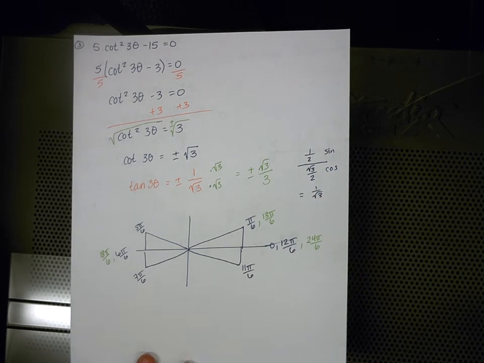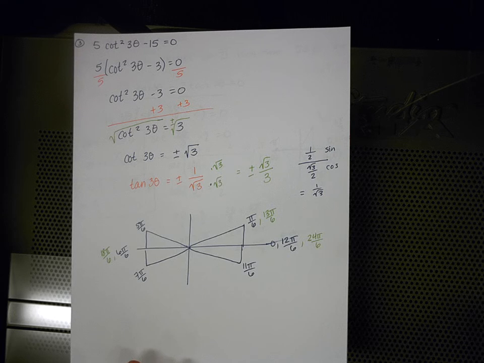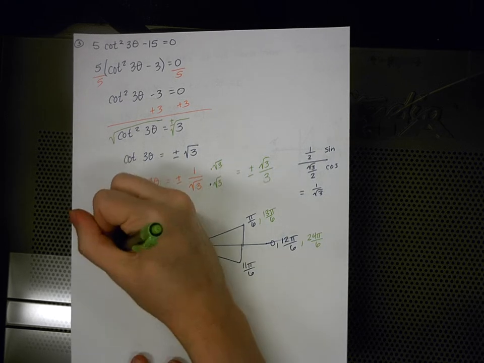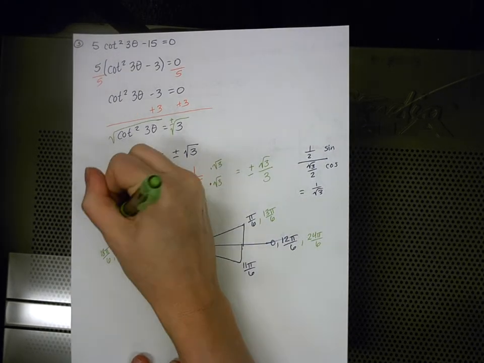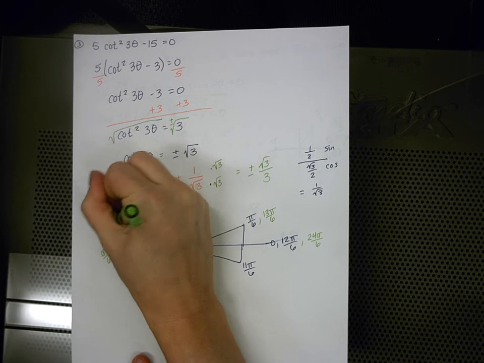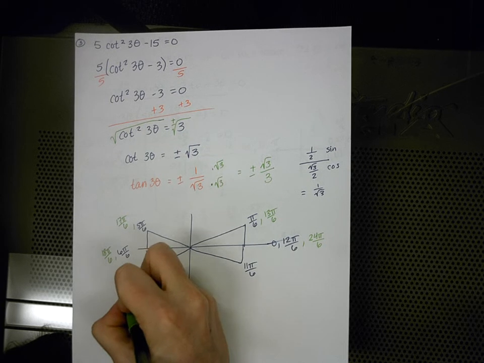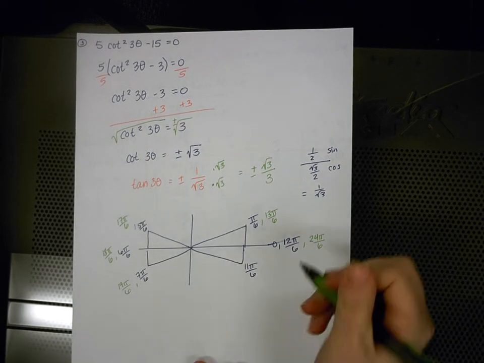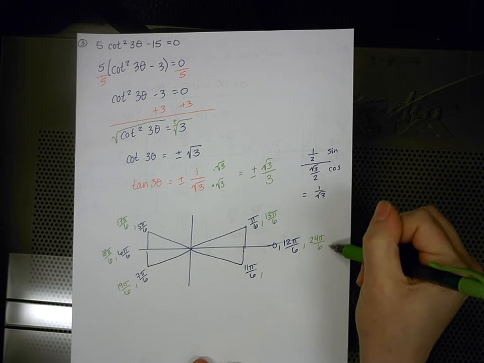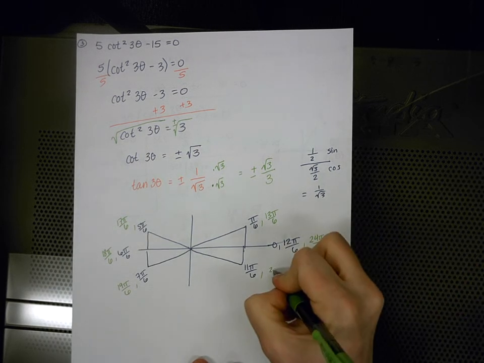So let's find all of our reference angles in that second turn. So pi over 6 away from that would be 17 pi over 6. Pi over 6 forward would be 19 pi over 6. And then pi over 6 down from 24 would be 23 pi over 6.